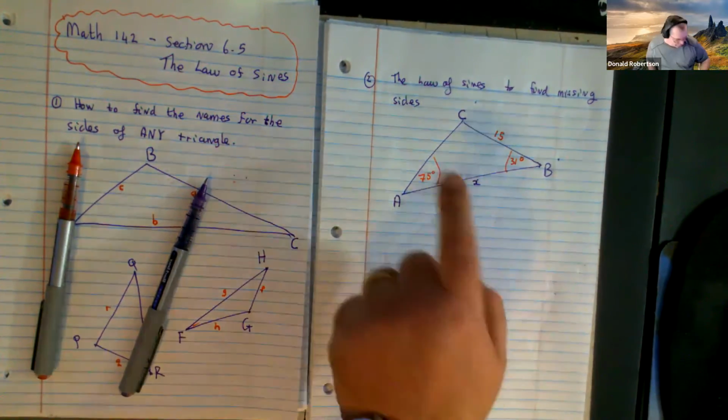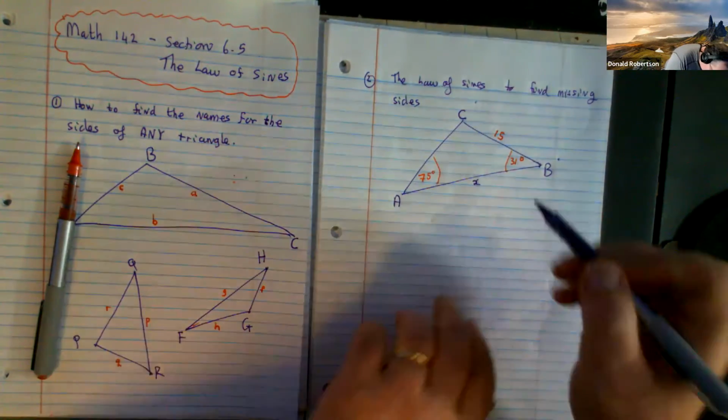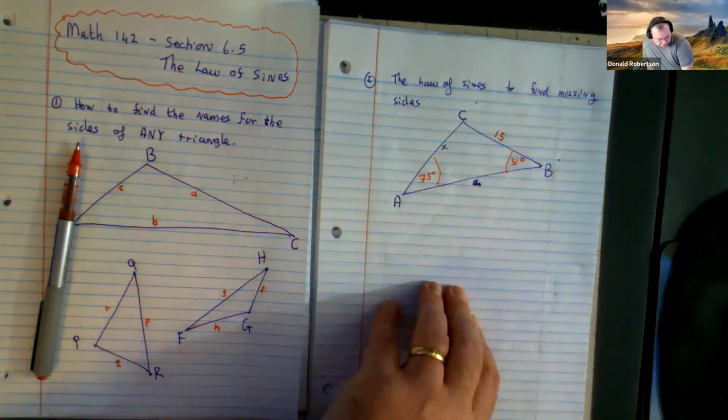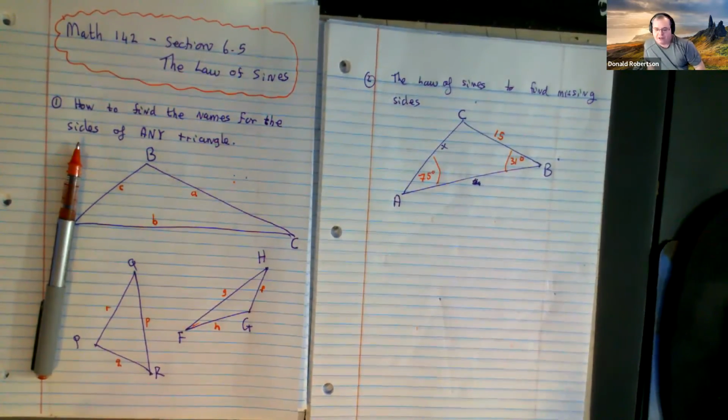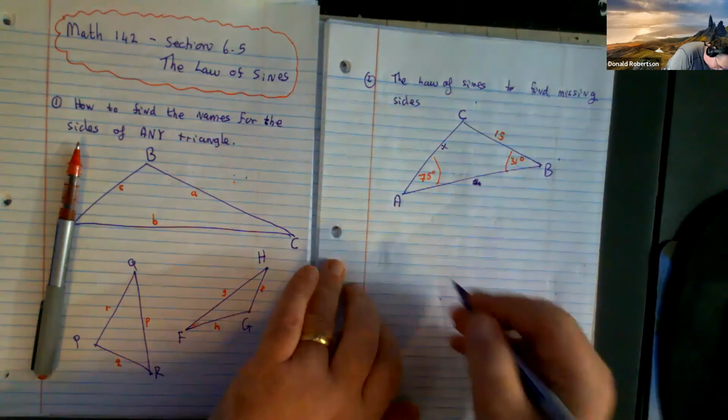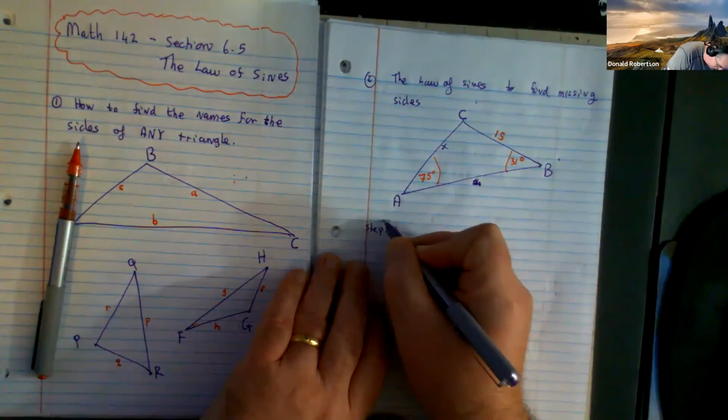In this case, oops, can I change that? We'll make it that one. You can find any missing side you like. I'll show you how to get that one there, right? So this is the steps I would use. Step one is name the sides.